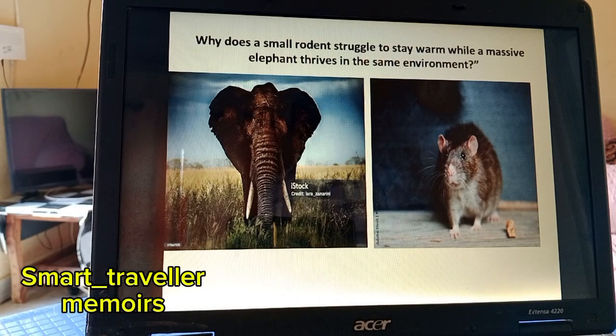The small animal is struggling. What about the bigger animal?